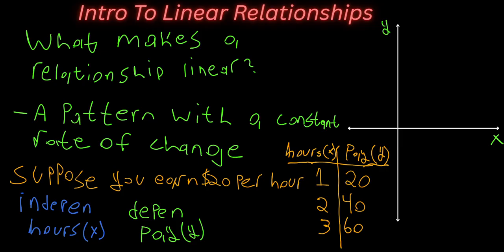So why is X independent and Y dependent? Well, that's the convention that we've come to. But when you really think about it, the hours change one at a time, whereas the pay changes by a preset value.